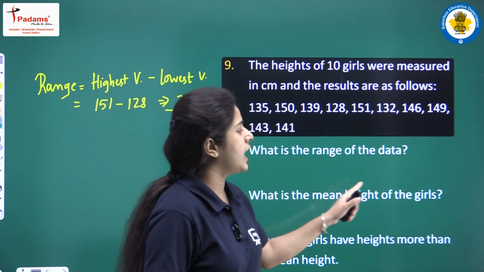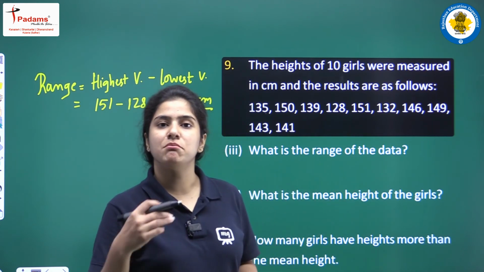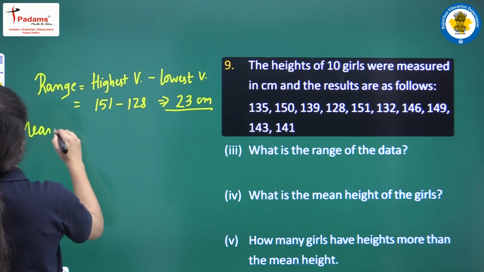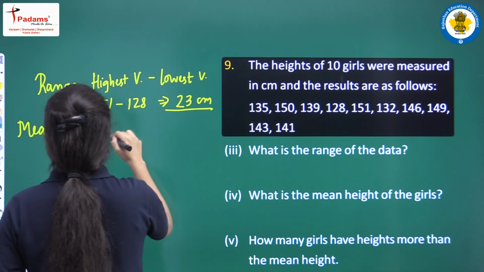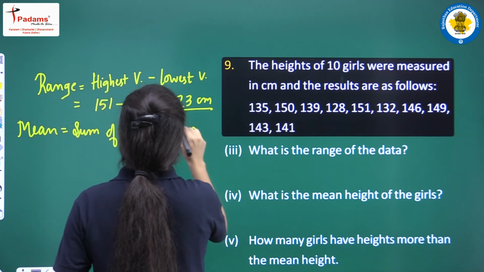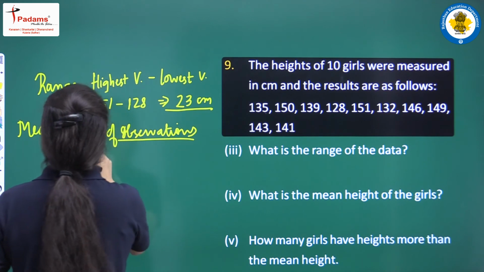What is the mean height of the girls? We need to find out the mean height of the girls, students. So what is the mean? Mean is equal to sum of observations upon the number of observations.